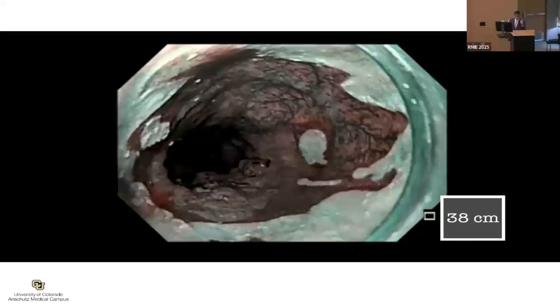I'll tell you that the use of narrowband imaging or virtual chromoendoscopy not only helps you predict what the histology is, but it also guides your resection.